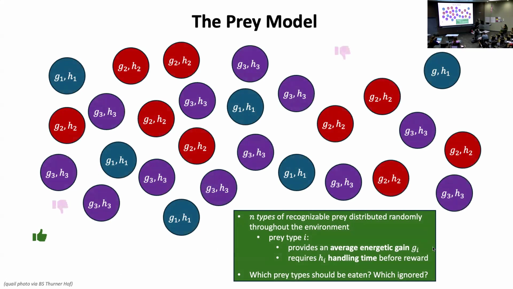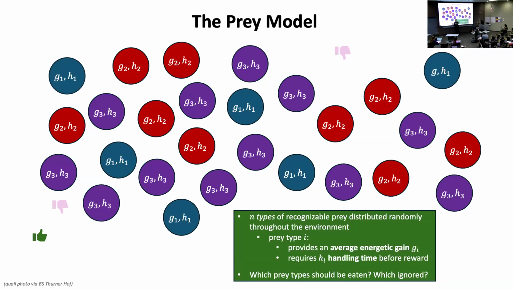The idea here is I have a bunch of these patches that are scattered throughout this environment, and I've just numbered them by type. I've got a type 1 patch that, on average, see, these are lumped prey items. These are not patches anymore. So when I enter this, if I decide to eat this disc, then I get all of the gain, but I have to pay all of the handling time.